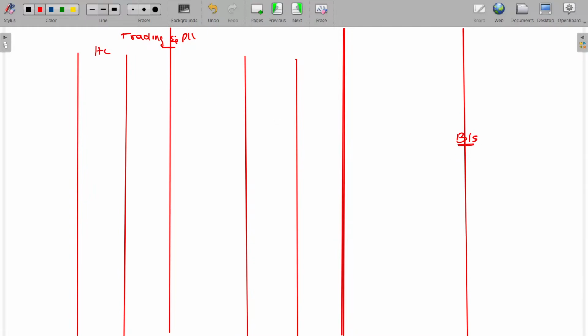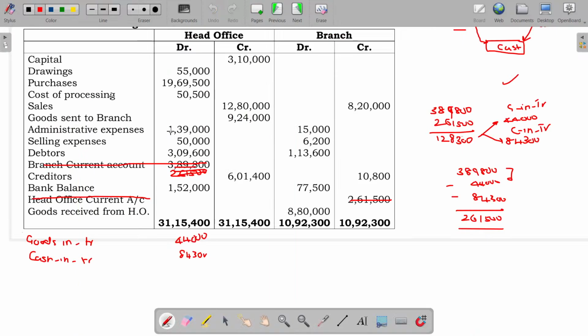HO and branch office. We'll now start with a few items up to goods sent to branch.